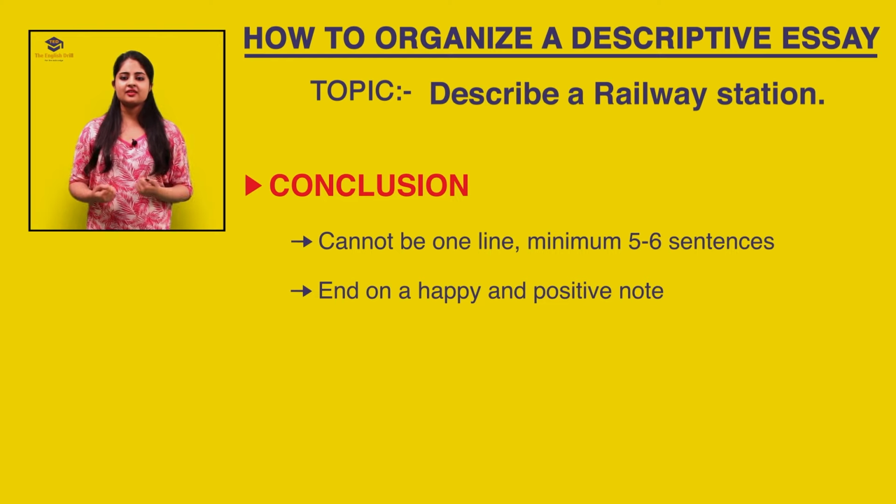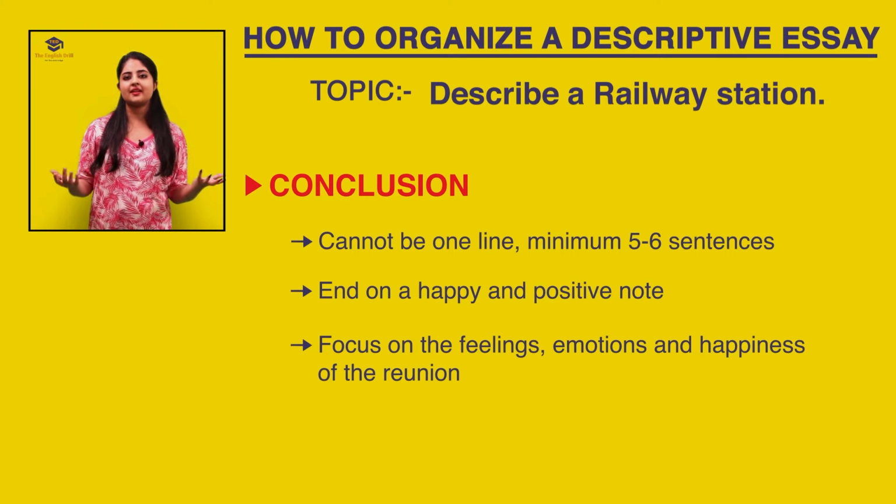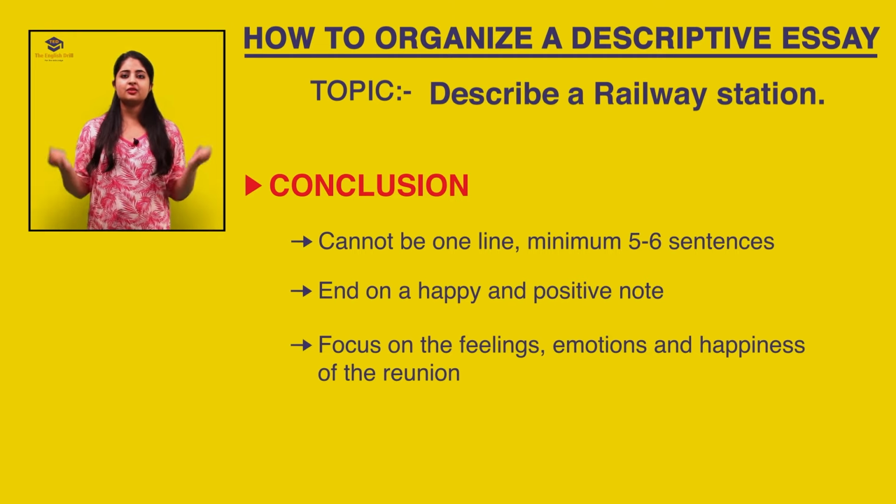You can write about your feelings, your emotions, your happiness on reuniting with your friend after such a long time. It can be a friend, it can be a cousin, it can be anyone. So focus on that happiness. Focus on your feelings, focus on your emotions, the happiness you experience after reuniting with your friend or cousin.